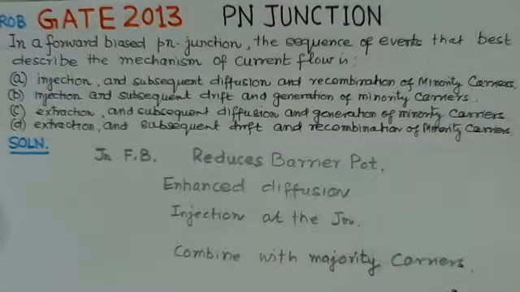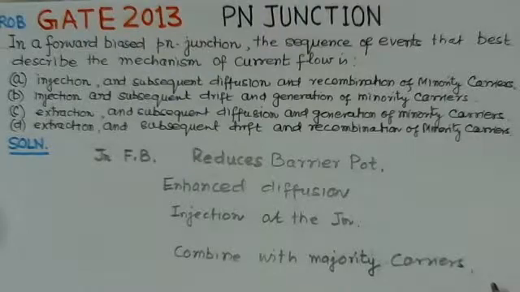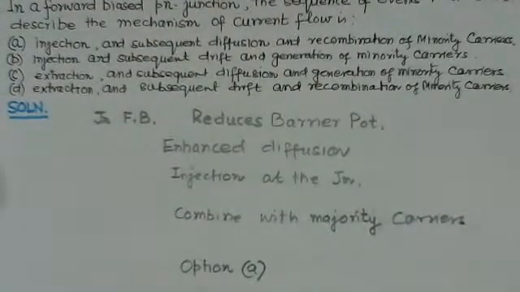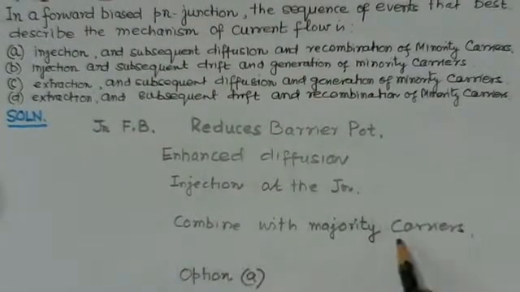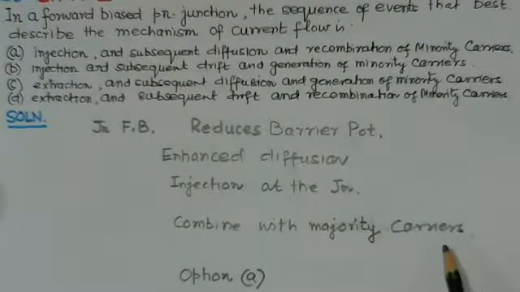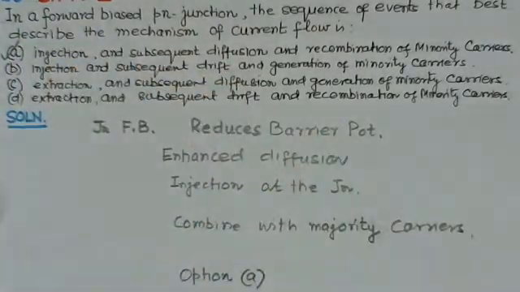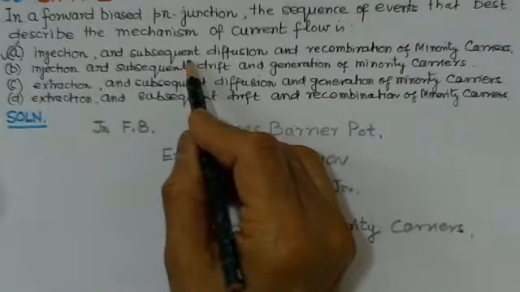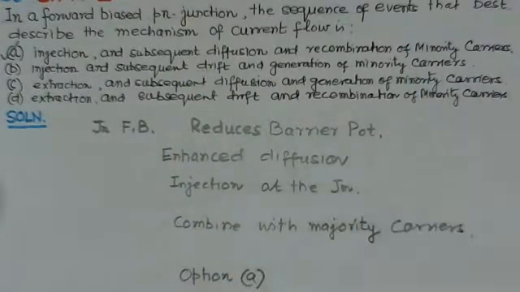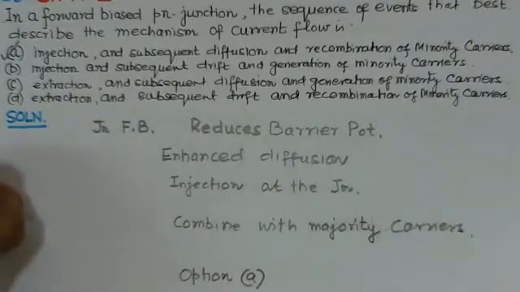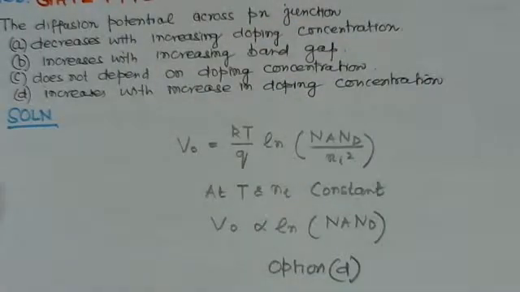Once they reach the other region they become minority carriers, and these minority carriers now combine with the majority carriers present in that region. So the option A here, that is first injection, then the subsequent diffusion, and then recombination of minority carriers. So these are the processes involved.